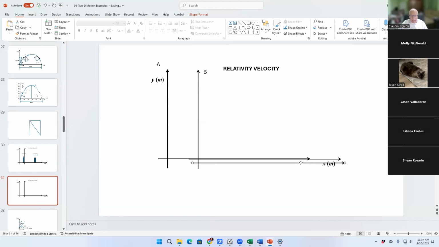Referential B is moving away from referential A with a relative velocity that we call velocity of B with respect to A.